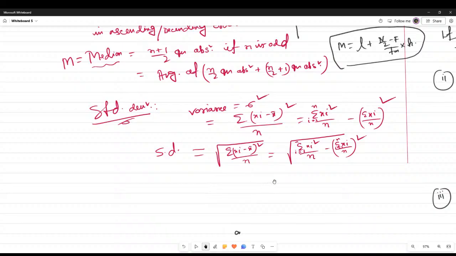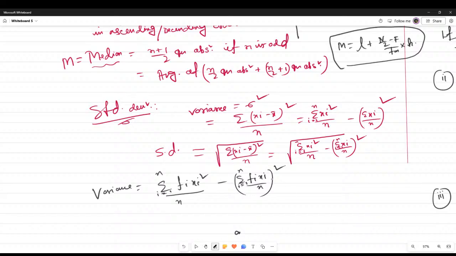Okay? And for standard deviation, the formula going to be for variance, just multiply by fi with xi: sigma fi xi square by n minus sigma fi xi by n whole square, with i changing from 1 to n.